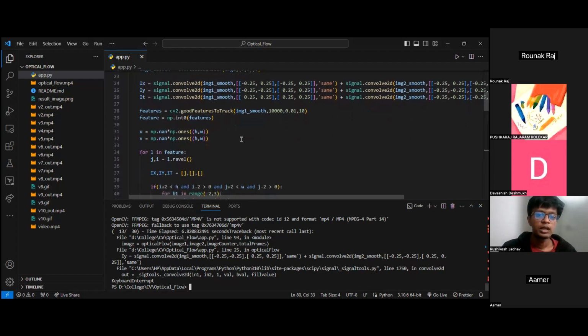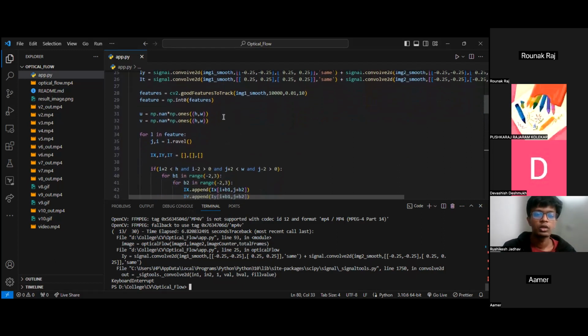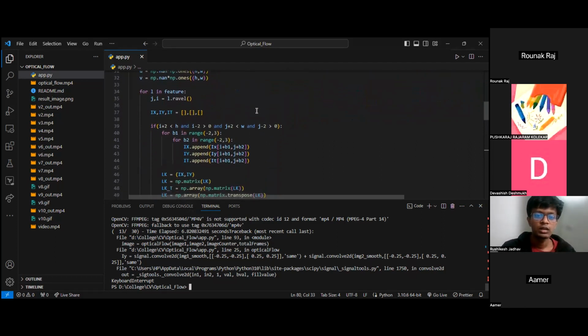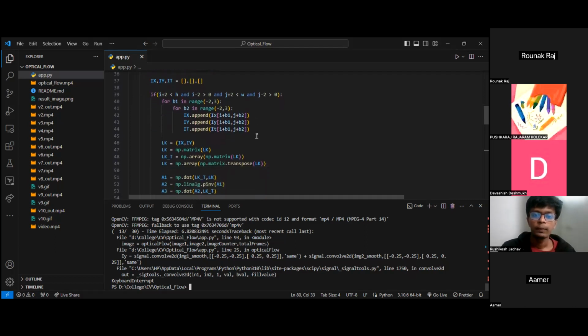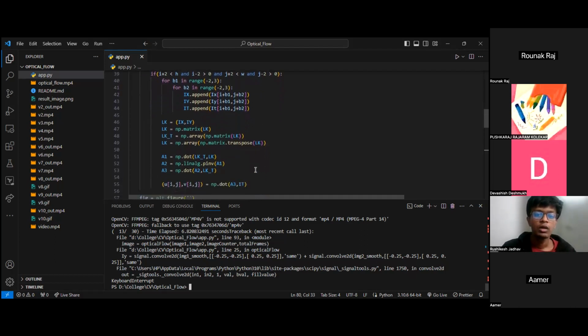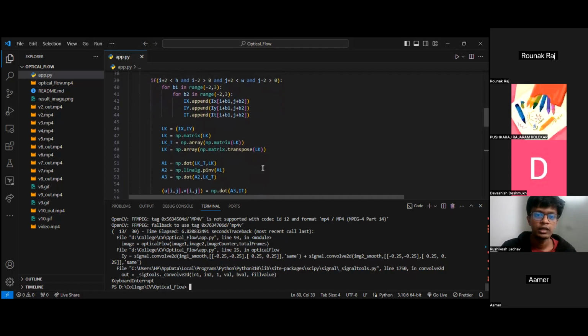These are the spatial vectors, one for horizontal and one for vertical. With each feature, we will check the range. This is our main formula, the Lucas-Kanade equation of matrix multiplication, where A transpose A and its inverse are calculated.